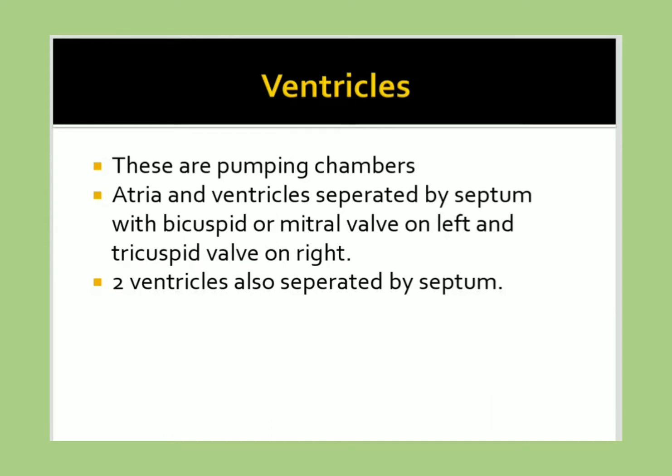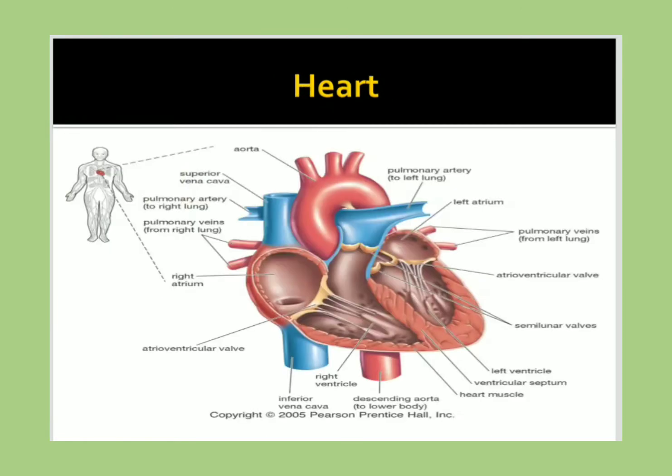The atria and ventricles are separated by a septum with the bicuspid or mitral valve on the left and the tricuspid valve on the right. The two ventricles are of course separated by a septum. The auricles are the receiving chambers and the ventricles are the pumping chambers.